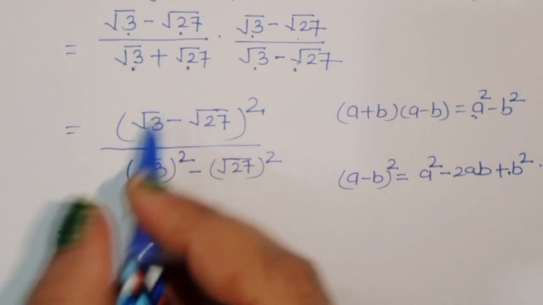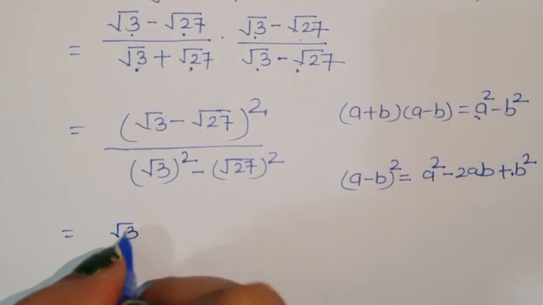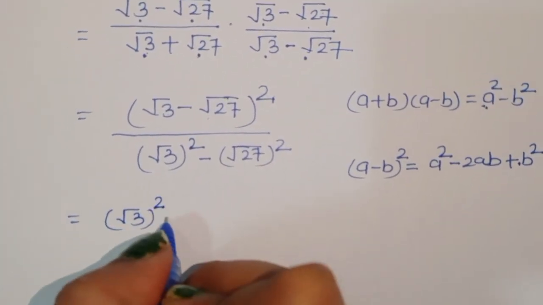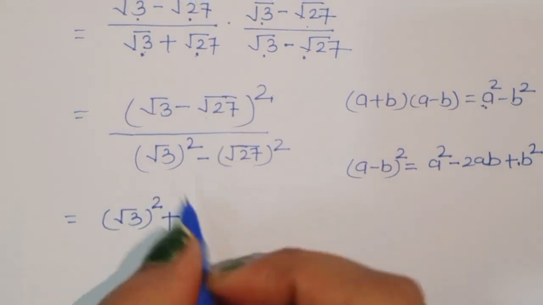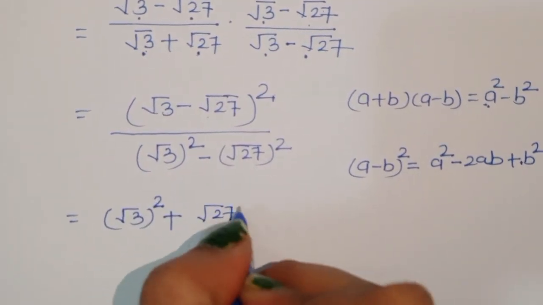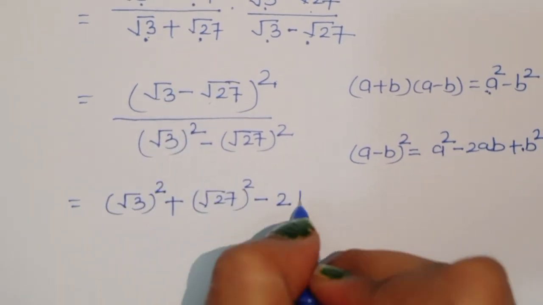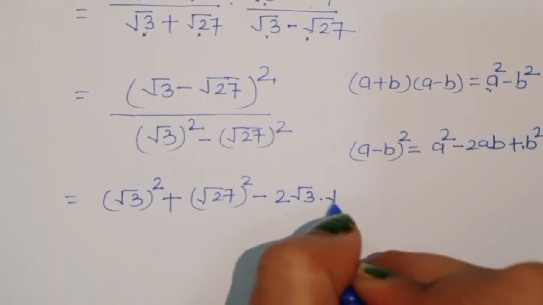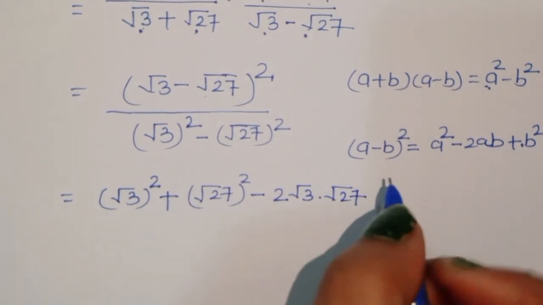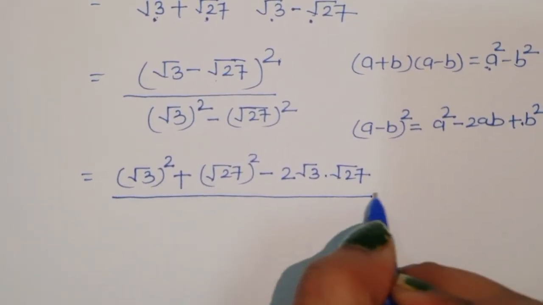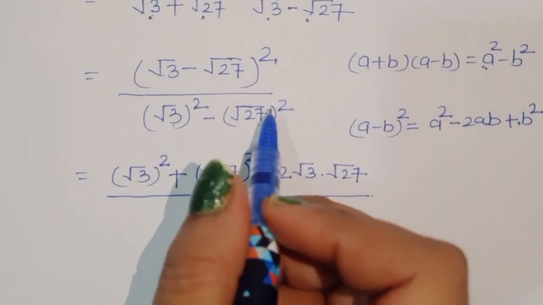Here a is √3, so a squared plus b squared, that is (√27) squared, minus 2 times √3 times √27. Now divided by a squared minus b squared.